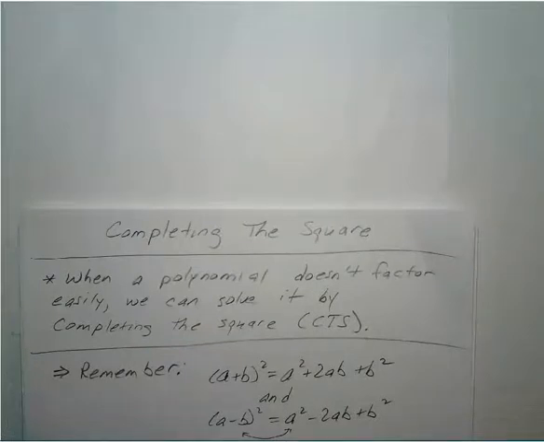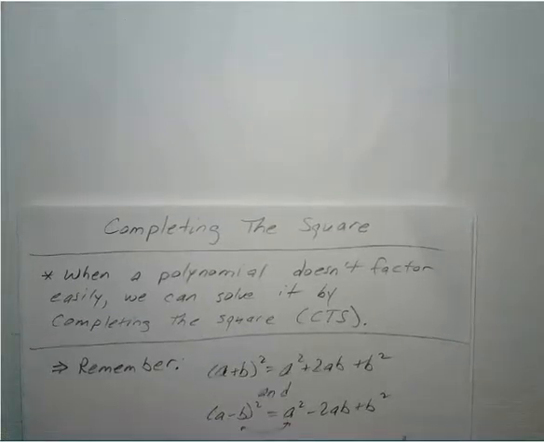The one thing about this is it goes both ways. So if you have a squared minus 2ab plus b squared, you know that's (a minus b) squared. And if you have a squared plus 2ab plus b squared, that's equal to (a plus b) squared. So what we're going to be doing here is taking this and going the opposite way.